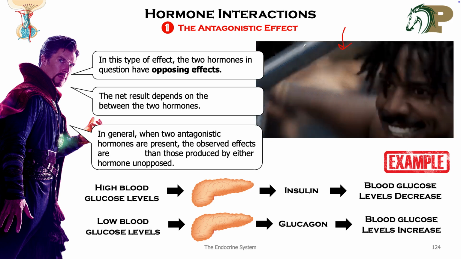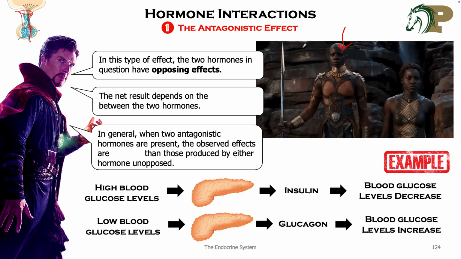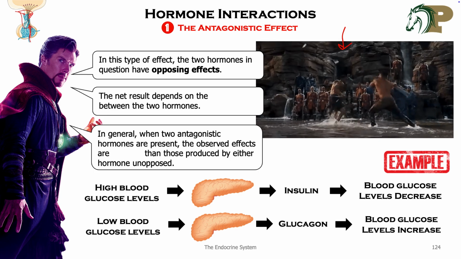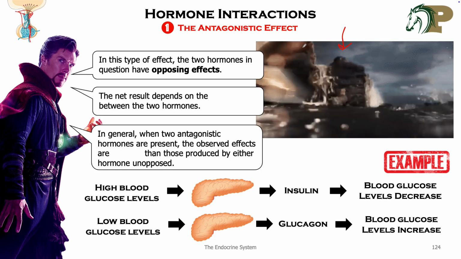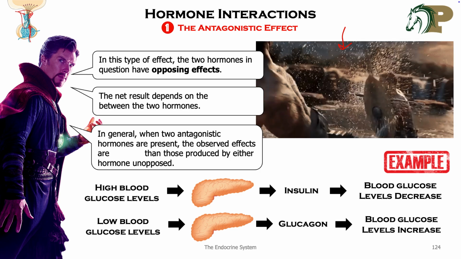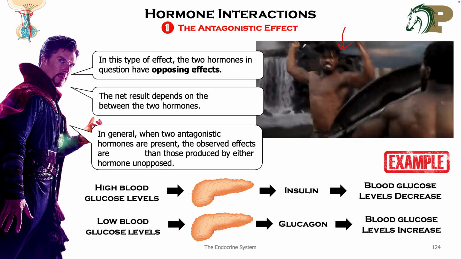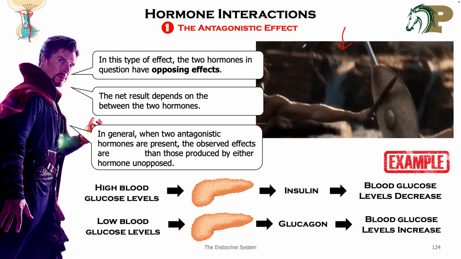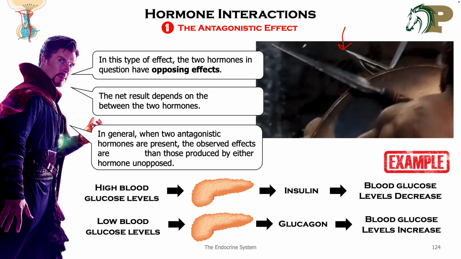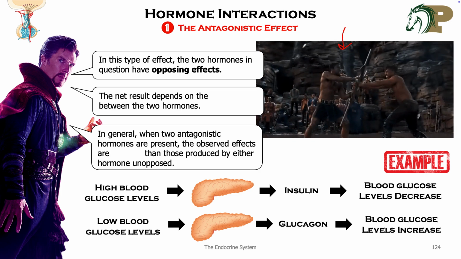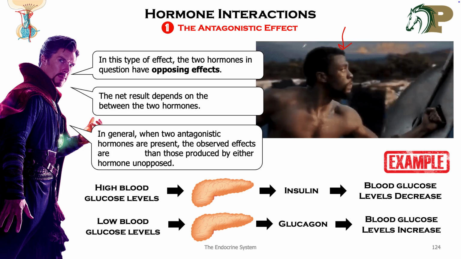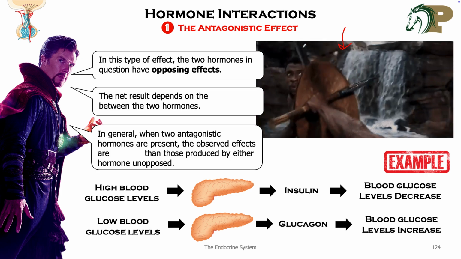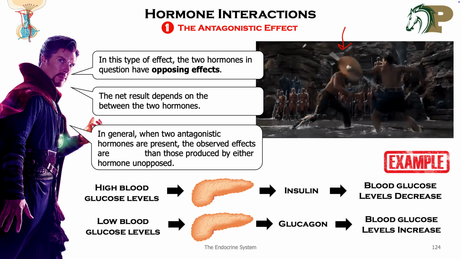Similar to the first fight between T'Challa and his cousin N'Jaka in Black Panther, how they had kind of equal and opposite effects on one another, had opposing philosophies. That is what will take place in the antagonistic effect when it comes to hormone interactions.